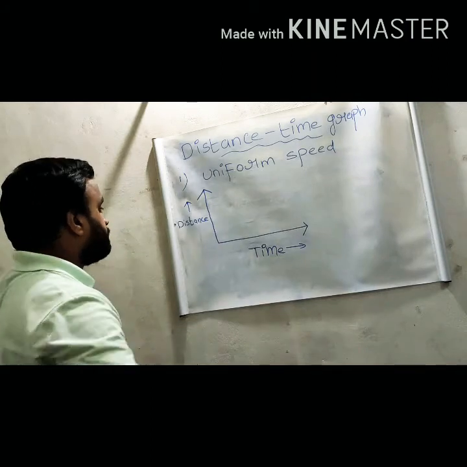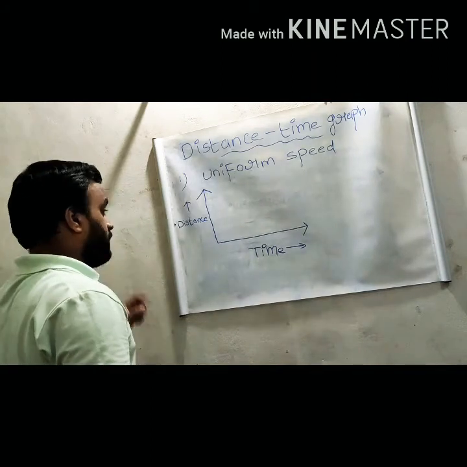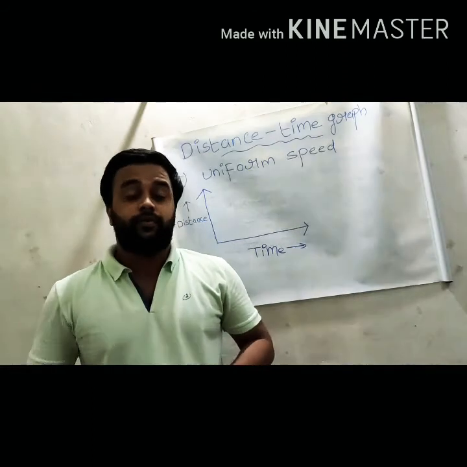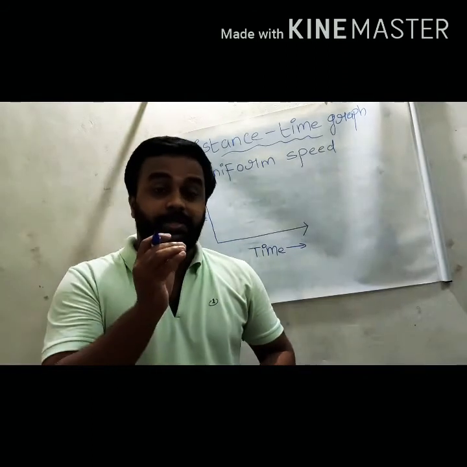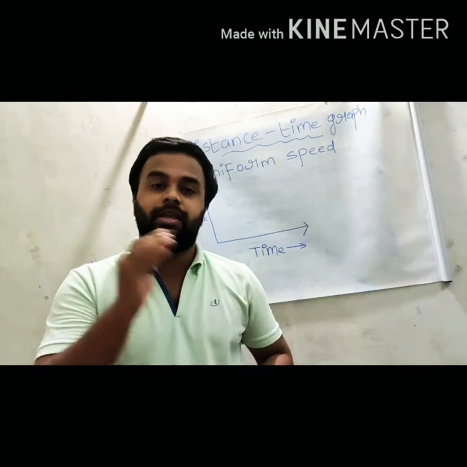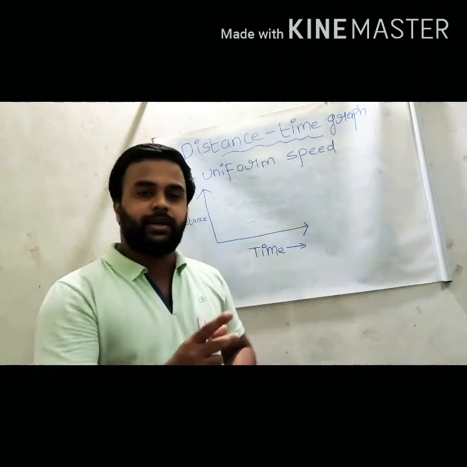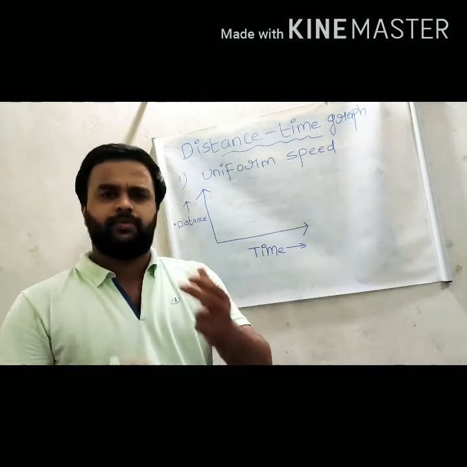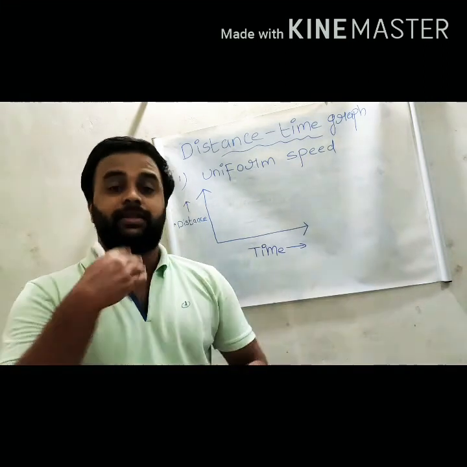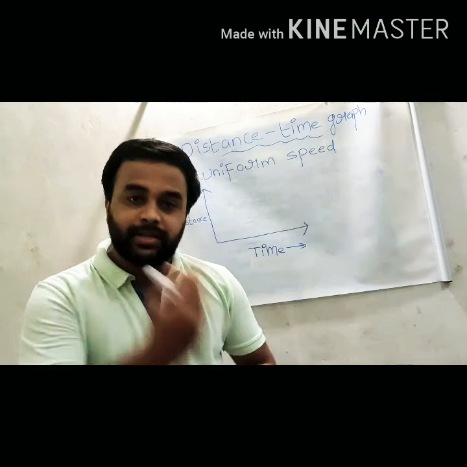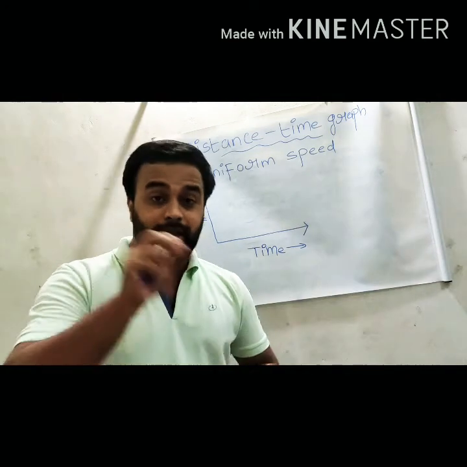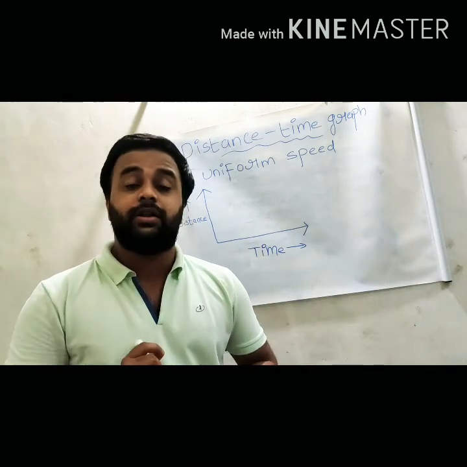We already learned that in uniform speed the object covers equal distances in equal intervals of time. That means in 5 seconds the object covers 5 meters, and in another 5 seconds the object covers another 5 meters.